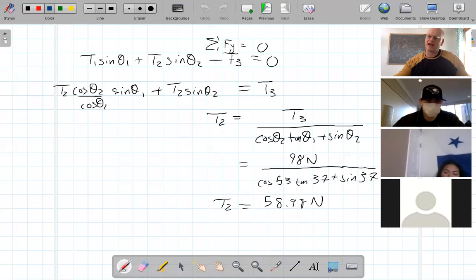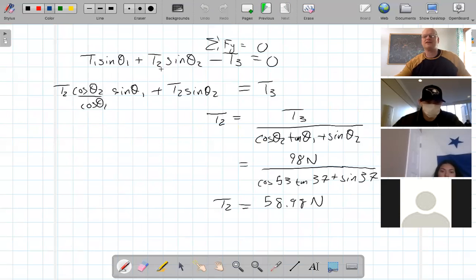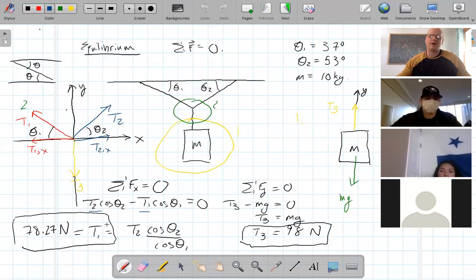T3 is the only thing I know at this stage: 98 newtons. So using both the y direction and the x direction simultaneously allows me to get rid of either T1 or T2 and solve for the other. Once I know T1 or T2, I can go back to this expression and find the other one. That's the only reason I need the y expression in this case, because I don't know T1 and I don't know T2.